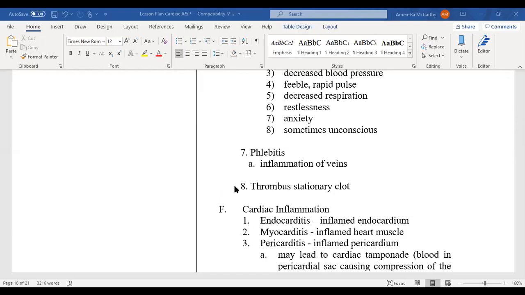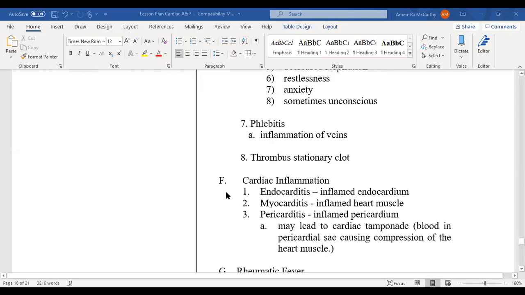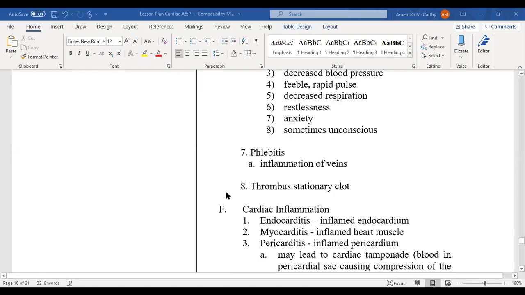Embolus. So a stationary clot is a thrombus, and a mobile clot that has detached and is now rolling free is an embolus.